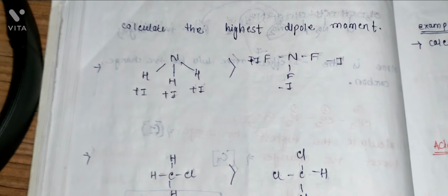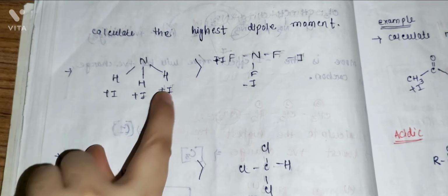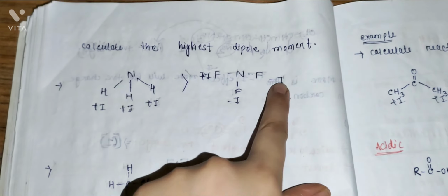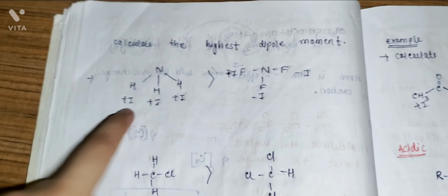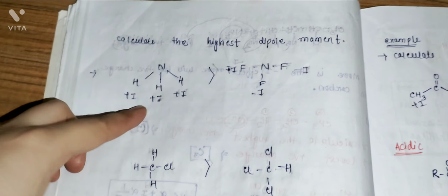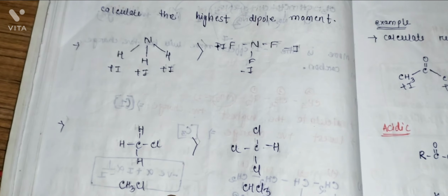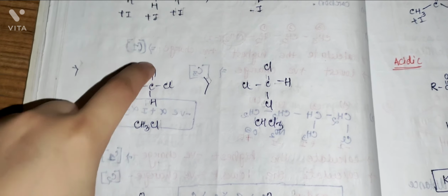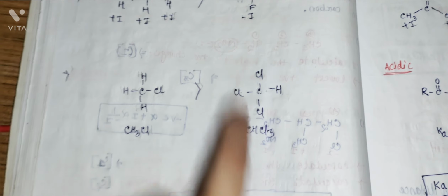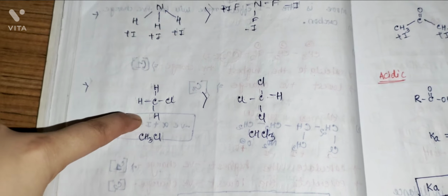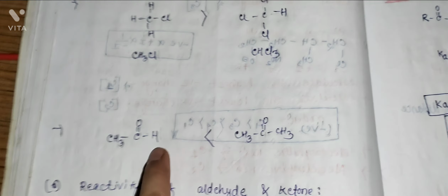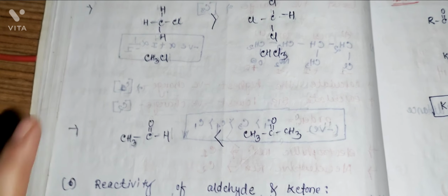According to that note, here there are three positive charges and here three negative charges, so the plus I effect will be dominant, that means it has the highest dipole moment. Here also three positive and three negative charges, so this is highest in dipole moment. You should try questions like this.